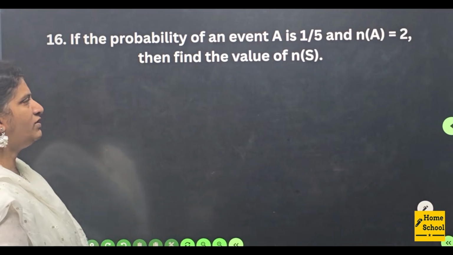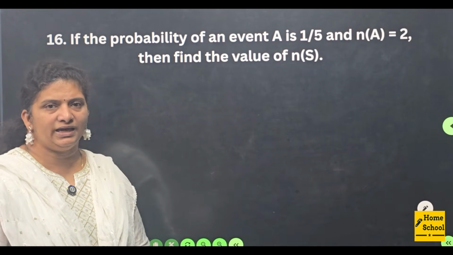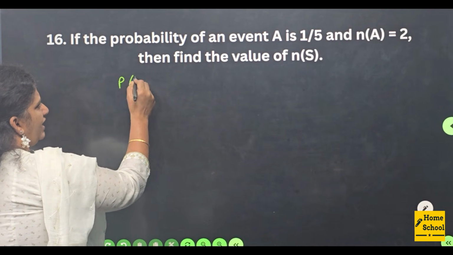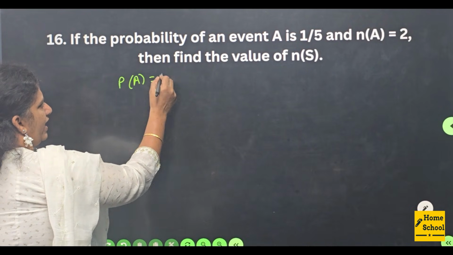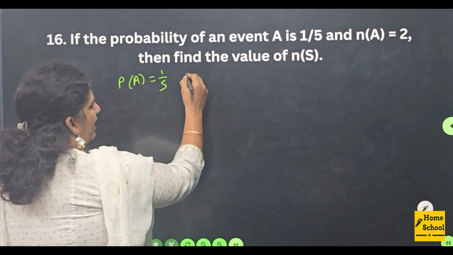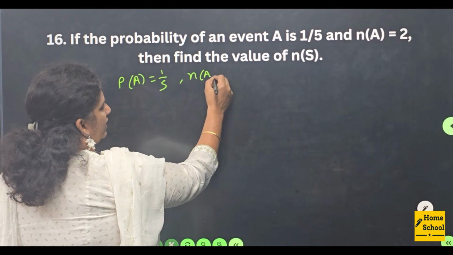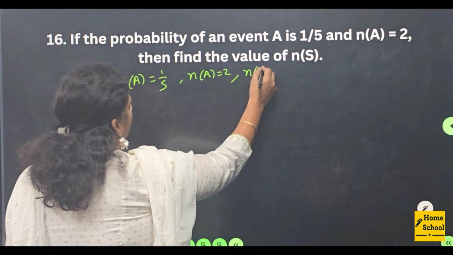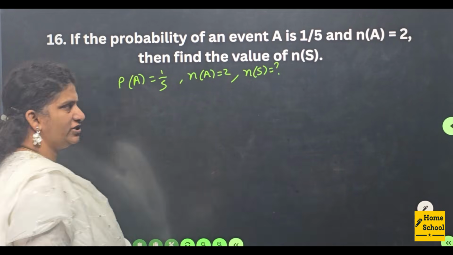16th one. If the probability of an event A is 1 by 5 and n of A is equal to 2, then find the value of n of S is your question.